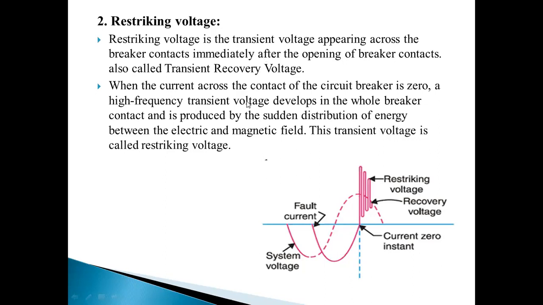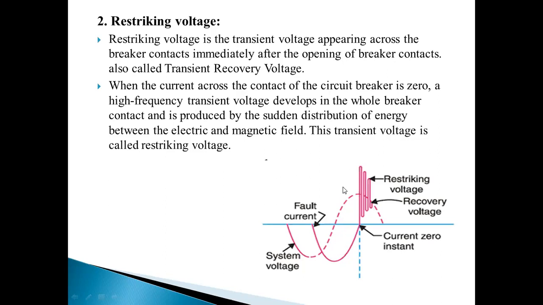When the current across the contacts of the circuit breaker is zero, a high frequency transient voltage develops across the breaker contacts and is produced by sudden distribution of energy between the electric and magnetic fields. So this transient or restriking voltage is developed due to the distribution of the energy between electric and magnetic fields, and this transient voltage is called the restriking voltage.